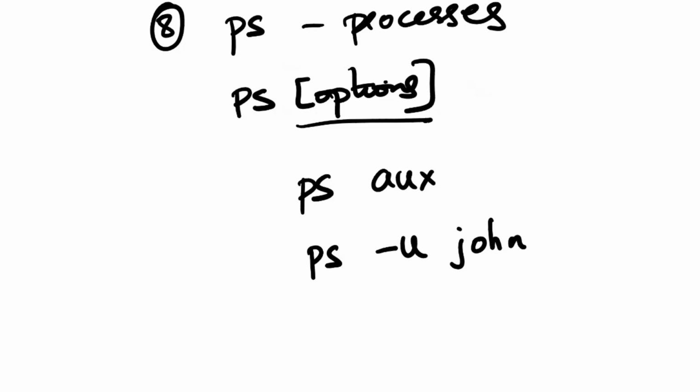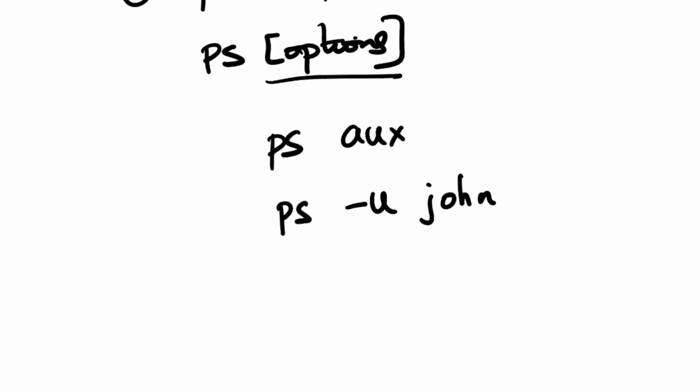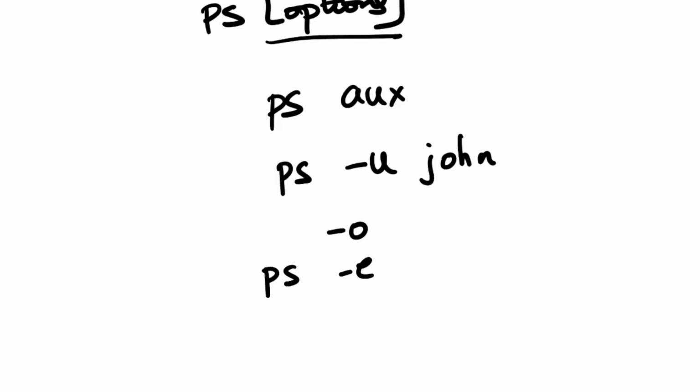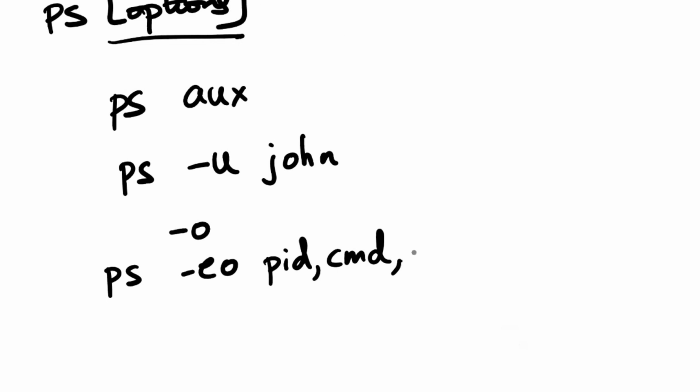You can customize the output format using the -o option. Say, for example, to display the process ID, that is PID, command name, and memory usage RSS for all processes, you can use ps -eo pid,cmd,rss.